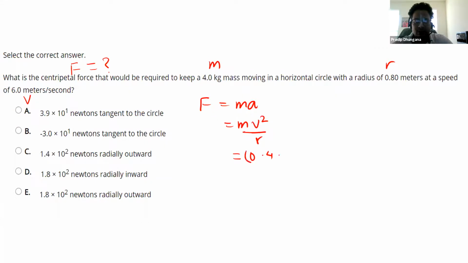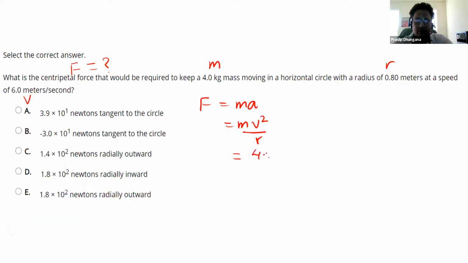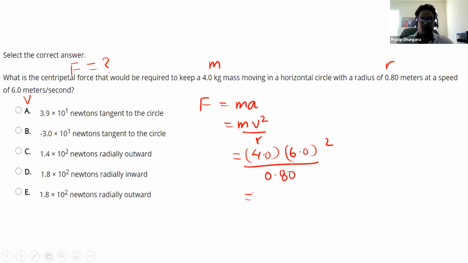Mass is not 0.4, it's 4 kg. v squared is 6.0, and r is 0.80. Substitute those values and calculate using a calculator. We'll get around 1.8 times 10 to the power 2 newtons.